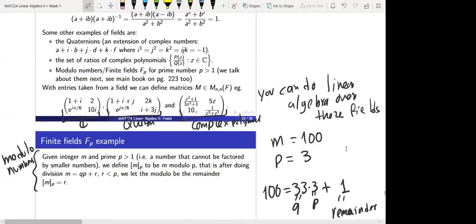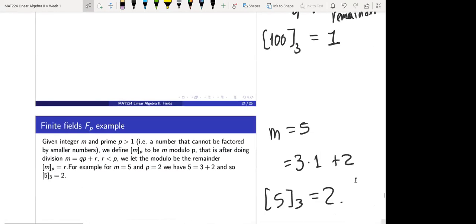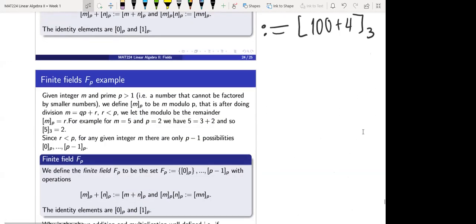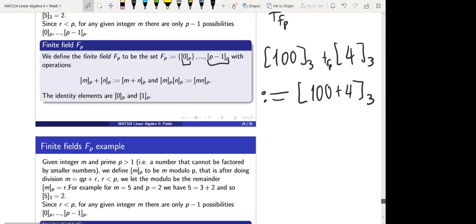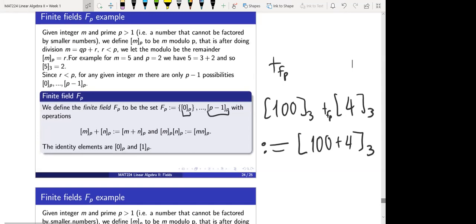In the definition of finite fields, it says that the elements of F_p are from 0 to p minus 1. So how are we able to include numbers like 4 and 100 if p is 3 in this example?